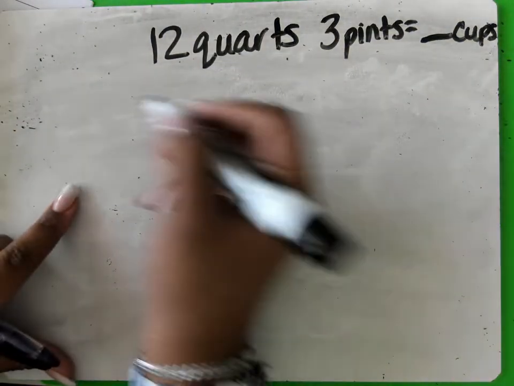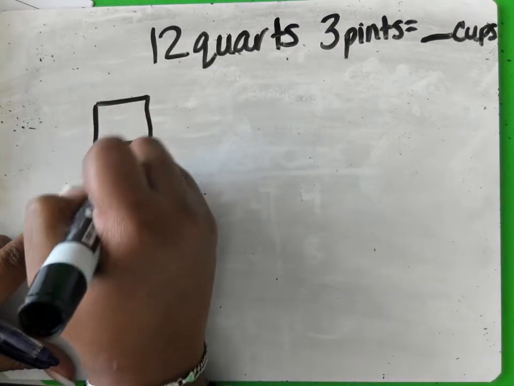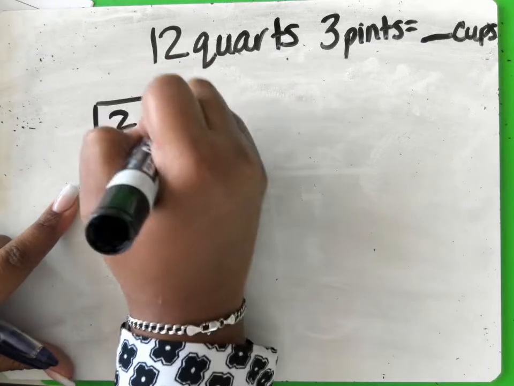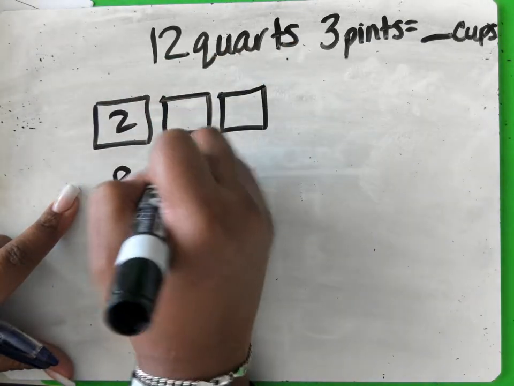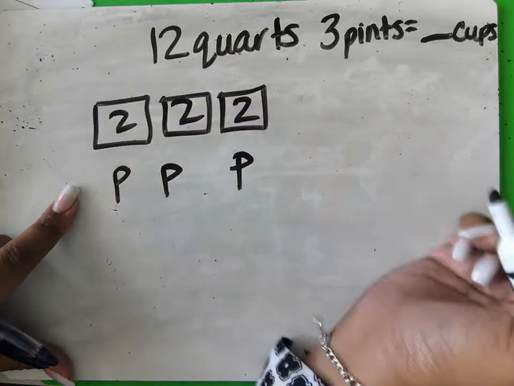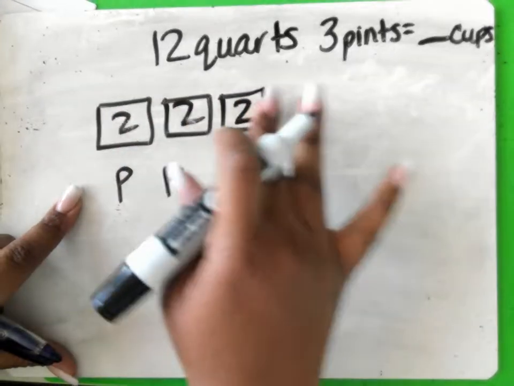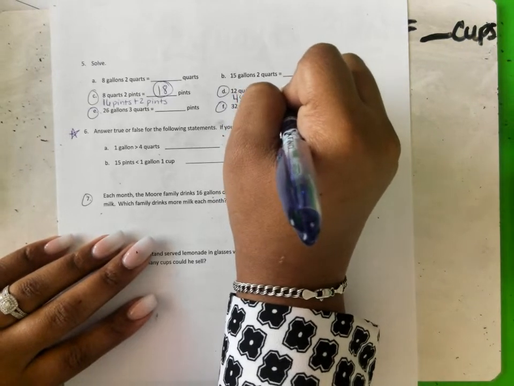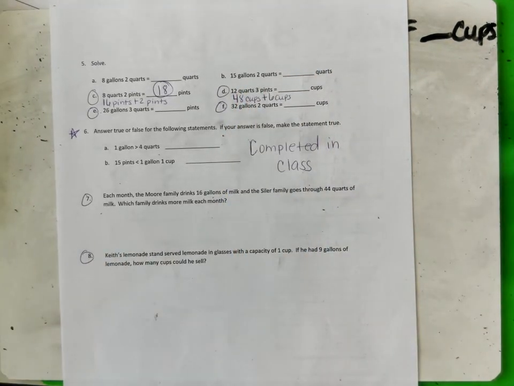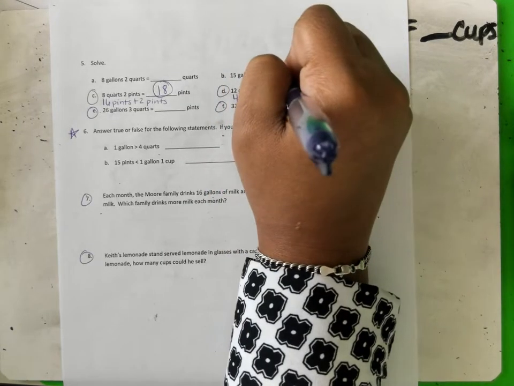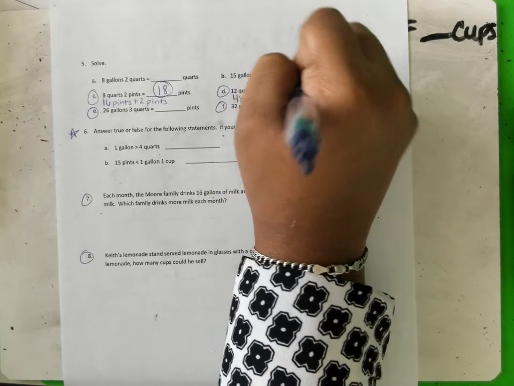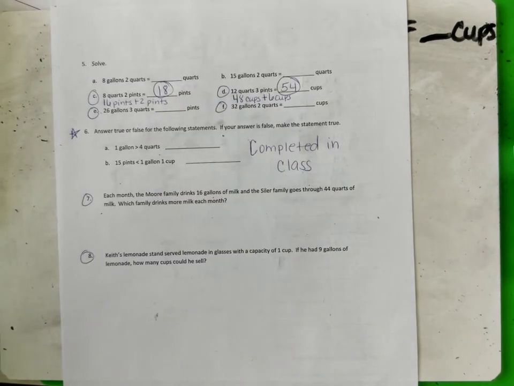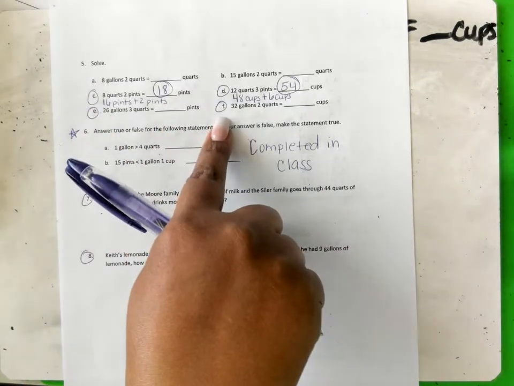So therefore, if 1 pint is 2 cups, 3 pints is 6 cups. 2, 4, 6. Okay, so I'm going to put that here. So 48 cups plus 6 cups. 48 plus 6 equals 54. Okay, so you're going to work on E and F.